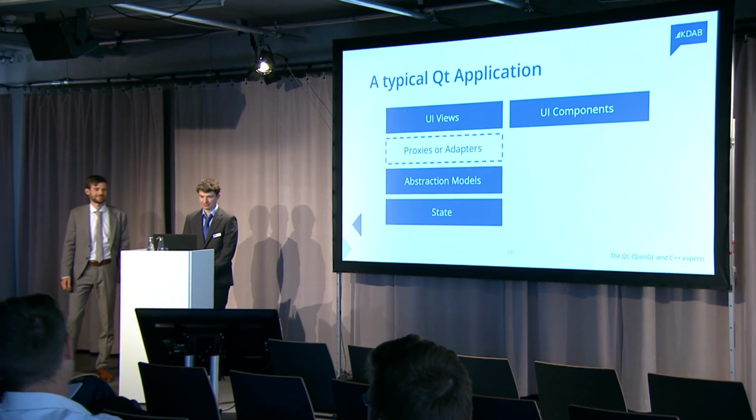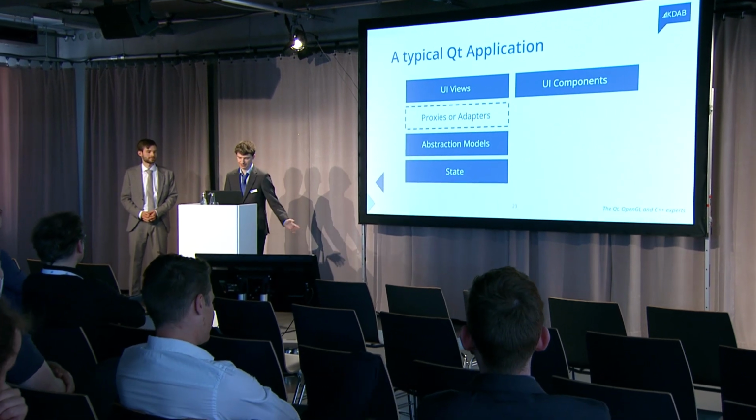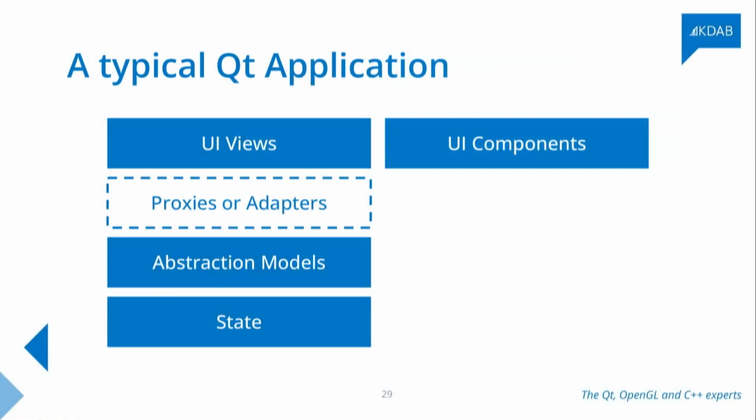So if we look at a typical Qt application, if we start at the bottom, you have some form of state, whether that's a database, sensors or something on a car, or whatever it is, the state of the thing you're changing. Then you have an abstraction layer above it of maybe list models and things. Then you might have proxies or adapters or controllers that help you modify that list model a bit.